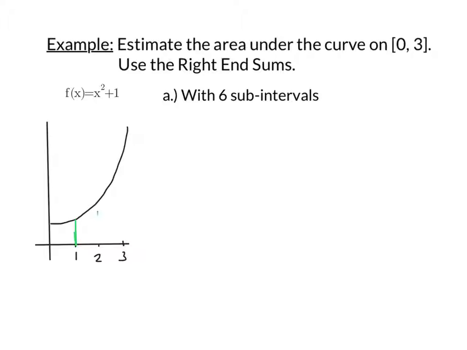So if I subdivided 0 to 3 on the integers 1, 2, and 3, that only gives me 3 subintervals. What we should do is just take each of them and split them in half. Now, draw our rectangles from the right side of each interval.